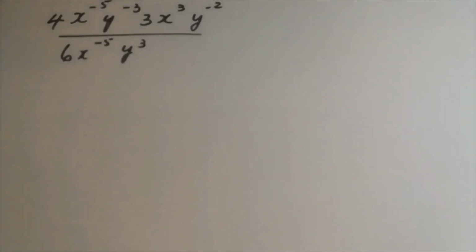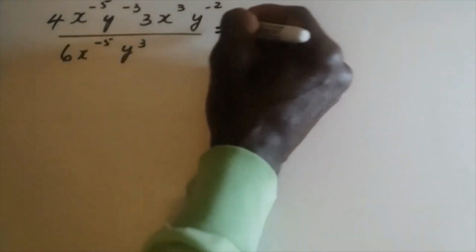Hi, we have this polynomial algebraic fraction, and we need to simplify this. We'll use the law of indices to manipulate negative and also positive indices. So let's get started.